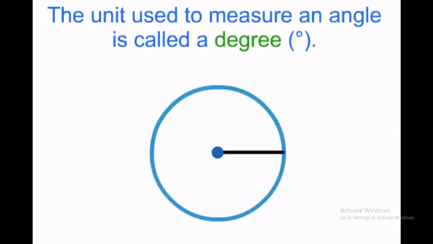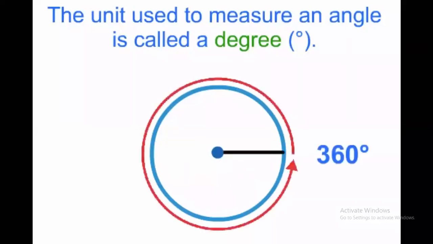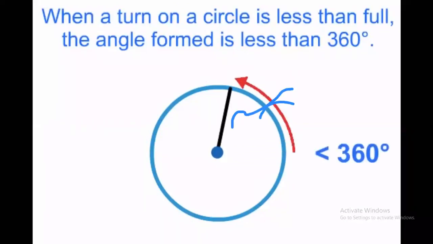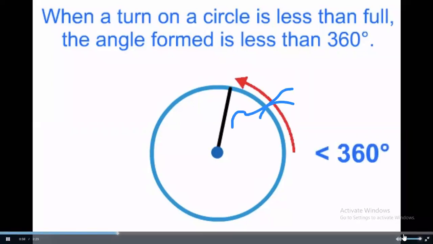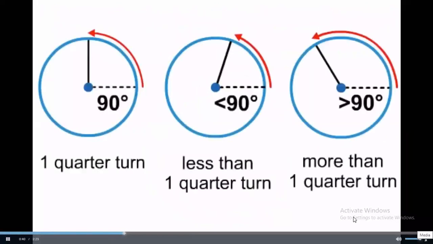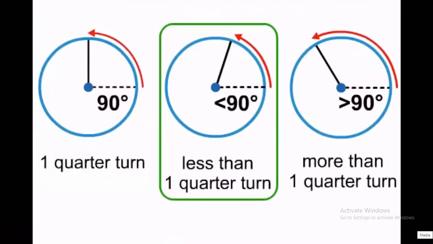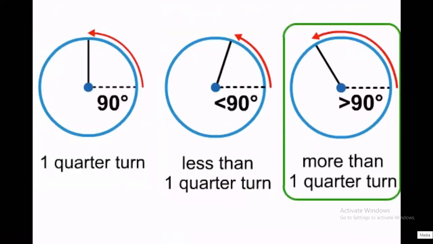A circle contains 360 degrees. So, a full turn on a circle is 360 degrees. When a turn on a circle is less than full, the angle formed is less than 360 degrees. Angles can be identified according to whether they measure 90 degrees, less than 90 degrees, or greater than 90 degrees.